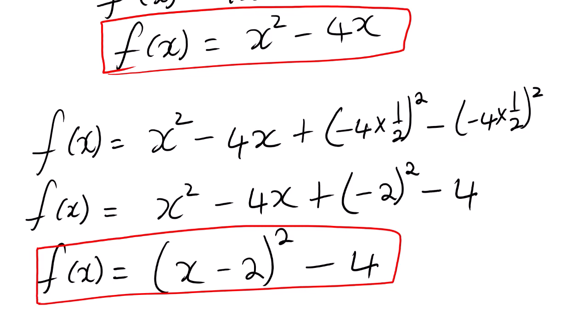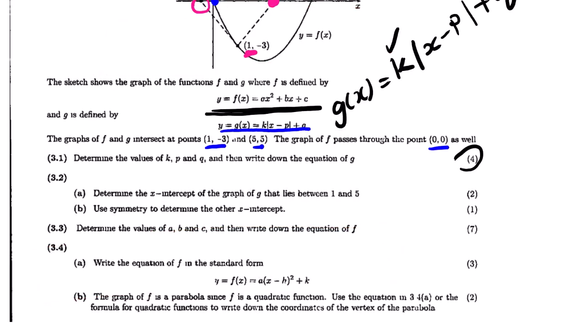Let us quickly go to the next one. 3.4b. The graph of f is a parabola since f is a quadratic function. Use the equation in 3.4a or the formula for quadratic functions to write down the coordinates of the vertex of the parabola.